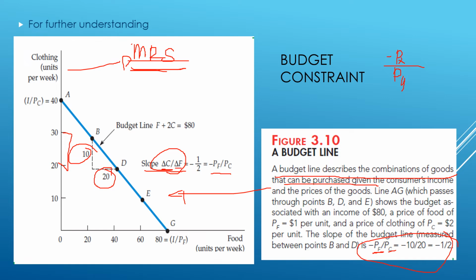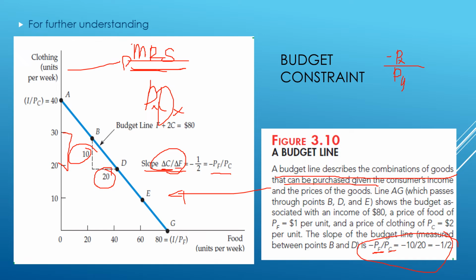Now, since we have already the budget line function, which is F plus 2C equals 80, why is it considered to be this one? Remember that the price is the price of x times the quantity of x. So here, that's why it is F plus 2C.